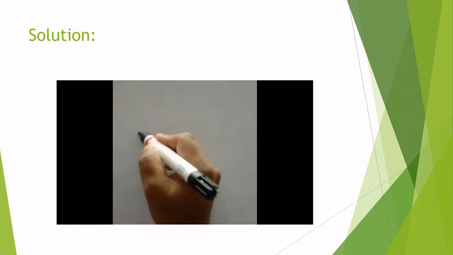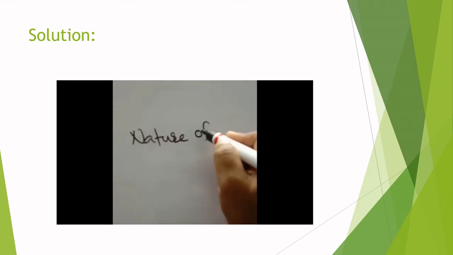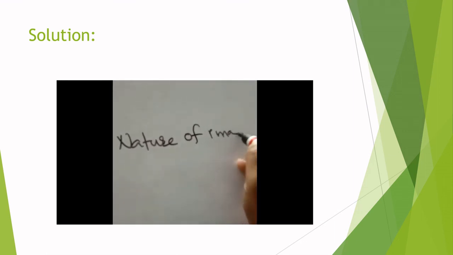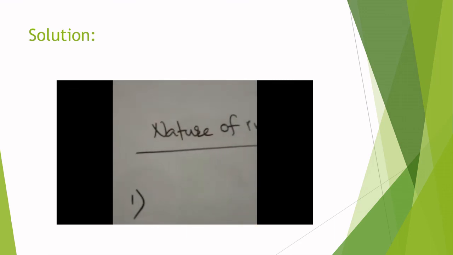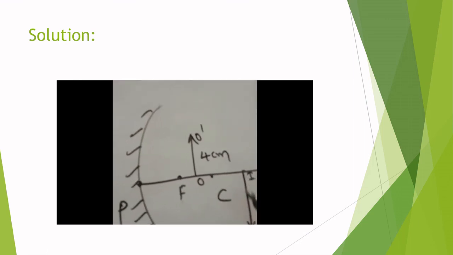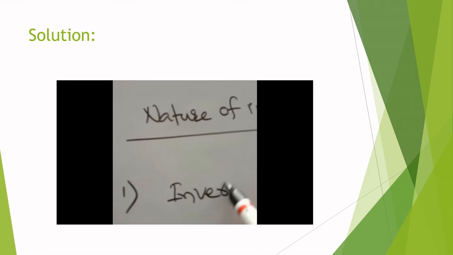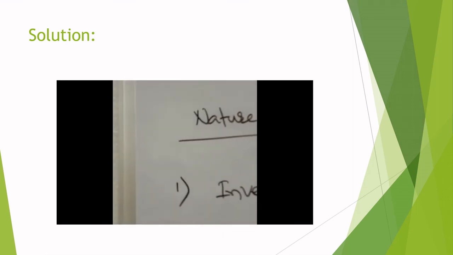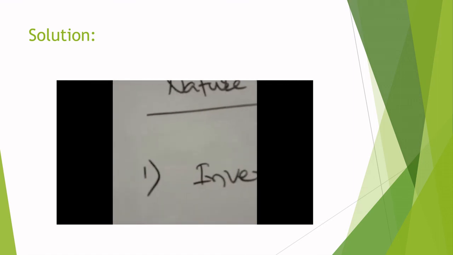So here we can say the nature of the image. First you see the object is above the principal axis, but the image is inverted, that means below the principal axis. So inverted image, and image height is greater than the object height. So we can say it is an enlarged image.